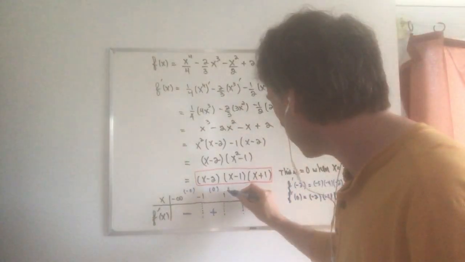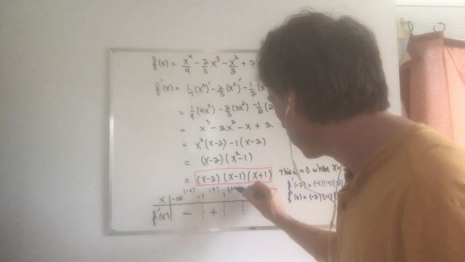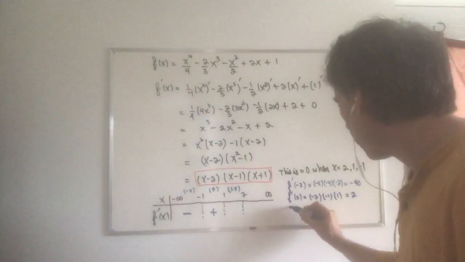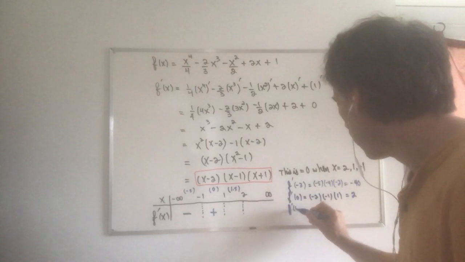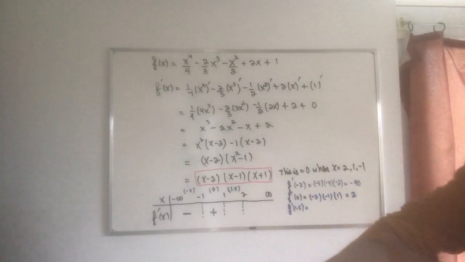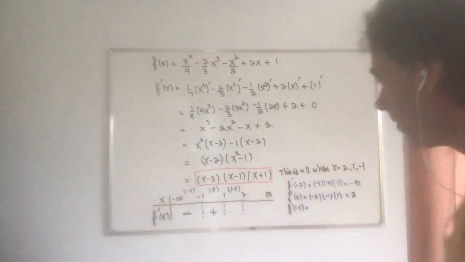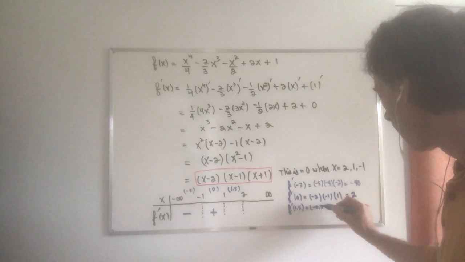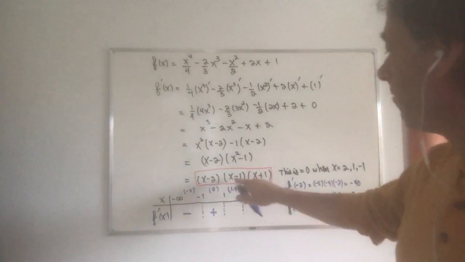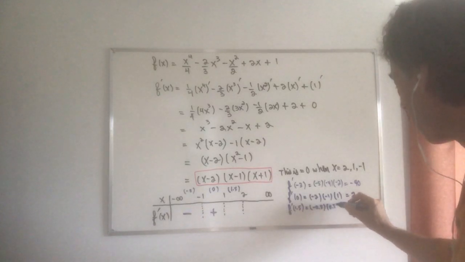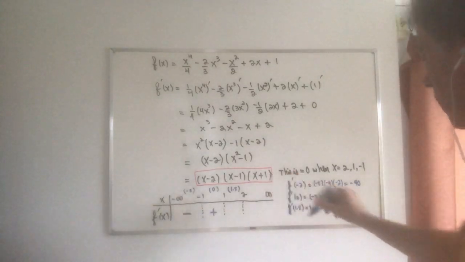Pick a number between 1 and 2, pick 1.5. F prime of 1.5. 1.5 minus 2, minus 0.5. 1.5 minus 1 is 0.5. And 1.5 plus 1 is 2.5.